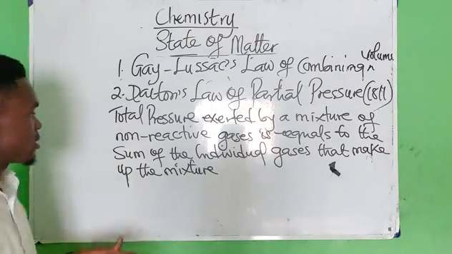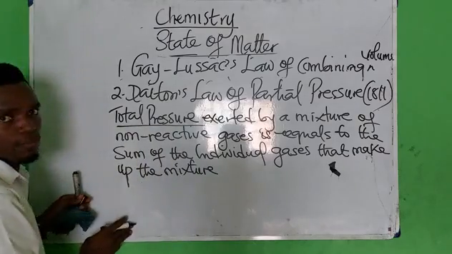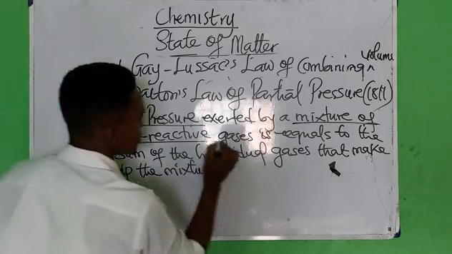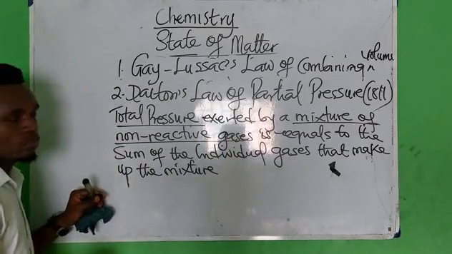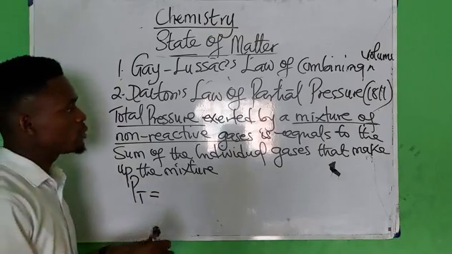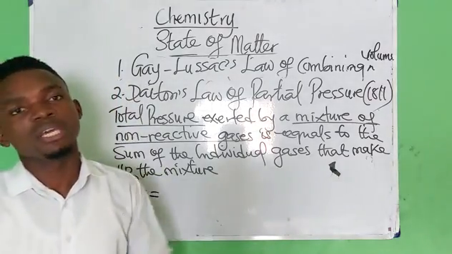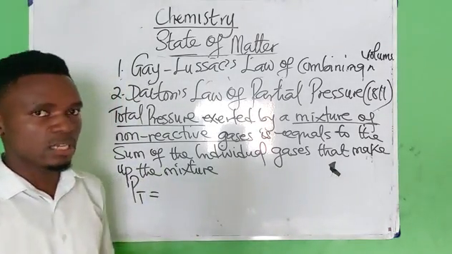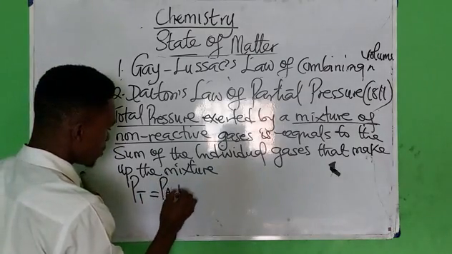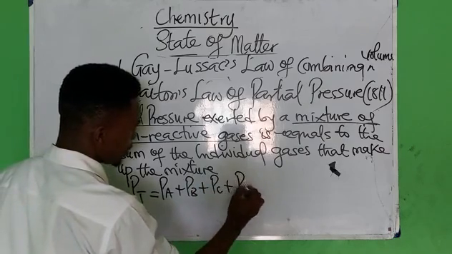Look at it here. What this means is we said total pressure, right, of a mixture of non-reactive gases. It means that PT is equal, let me assume the pressures of these non-reactive gases as A, B, and C, or D, as the case may be. Then it becomes PA plus PB plus PC plus PD, and so on.